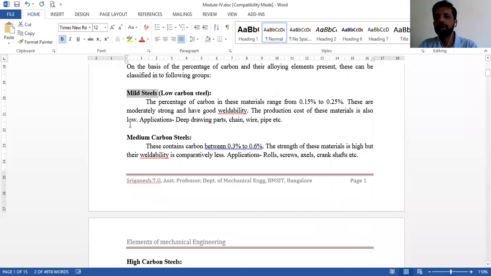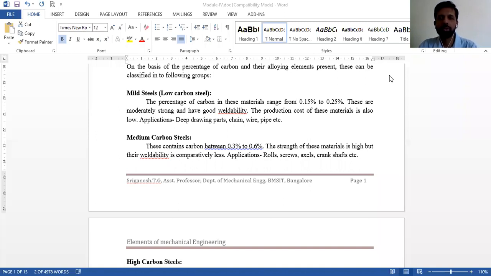Though we are not going to add any carbon to it, it will absorb carbon content from the atmosphere when it is heated to red hot temperature, and as it cools down and solidifies, it absorbs the carbon content naturally from the atmosphere.